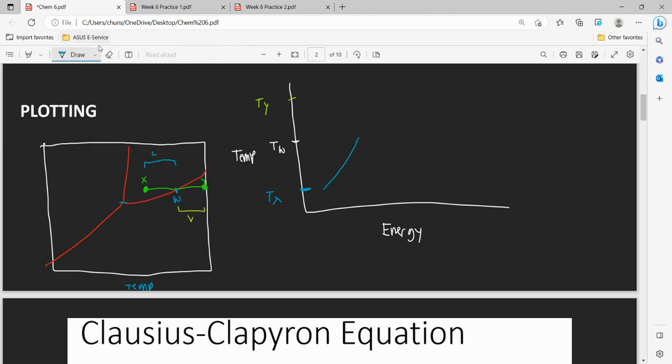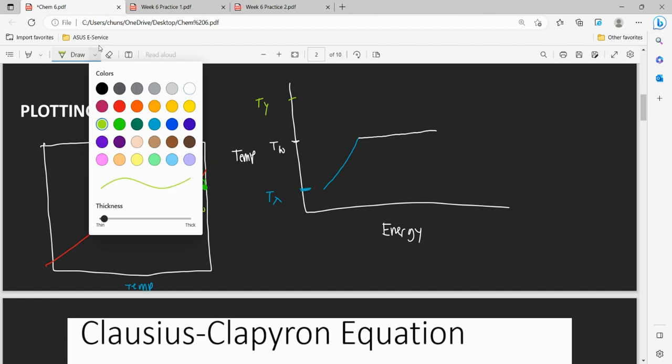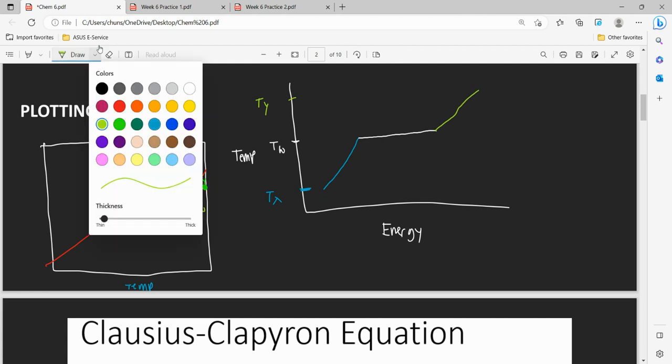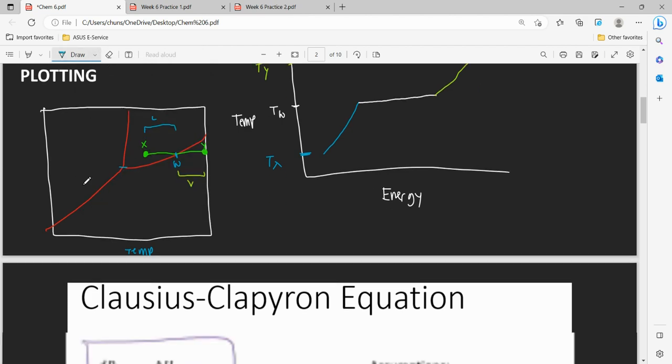So there is a sloping line up to our TW, and then we have our phase change, and then we have up to point TY. Okay, so there's an equation that we can use to define this.